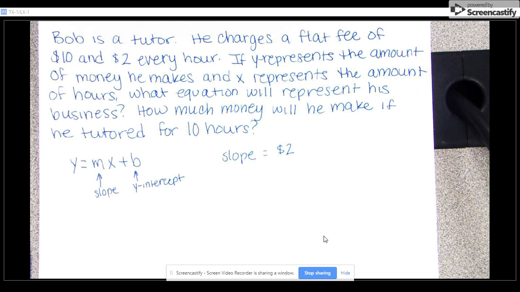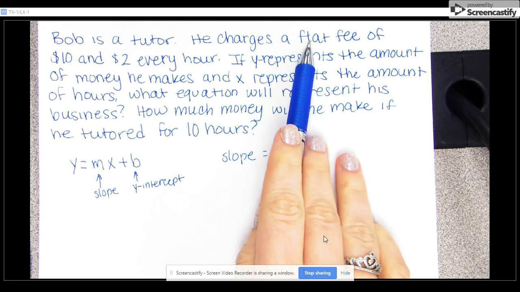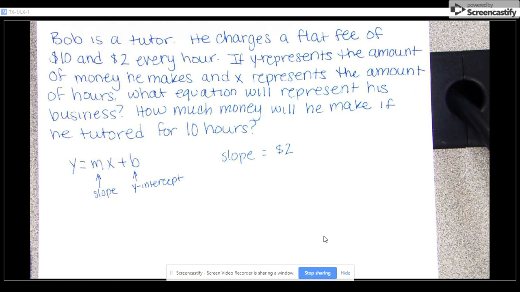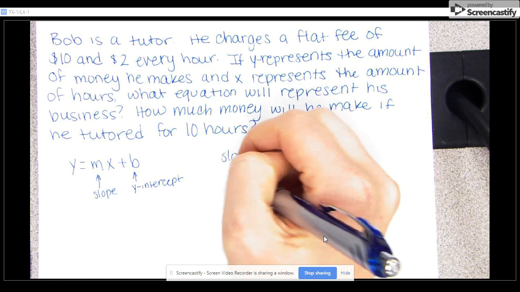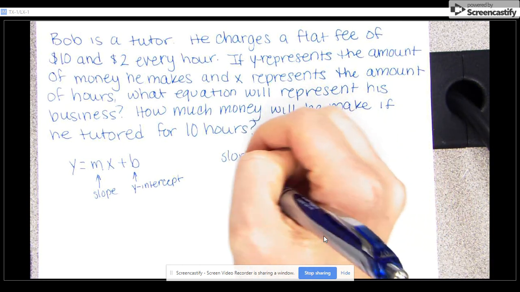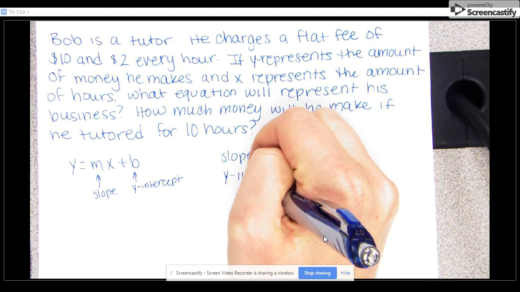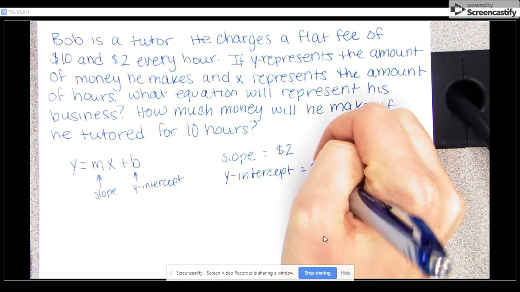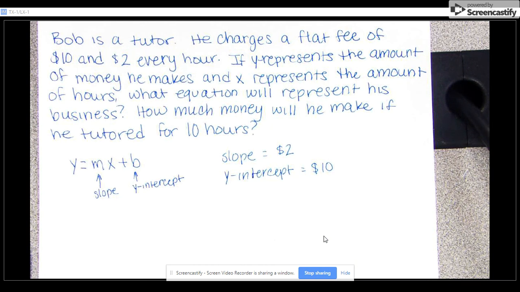Looking at this problem, I see that he charges a flat fee of $10. You only pay that flat fee once. So since it's only a one-time purchase, I am going to say that my y-intercept is $10.